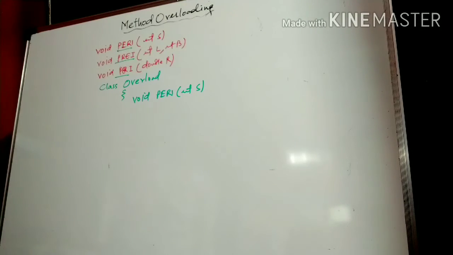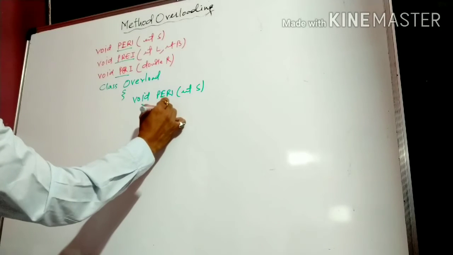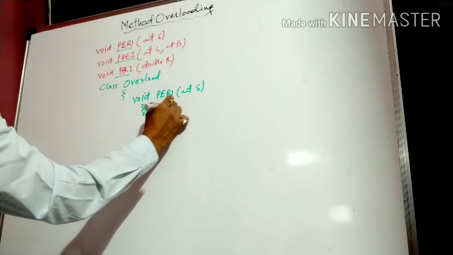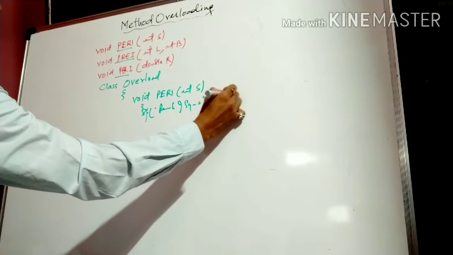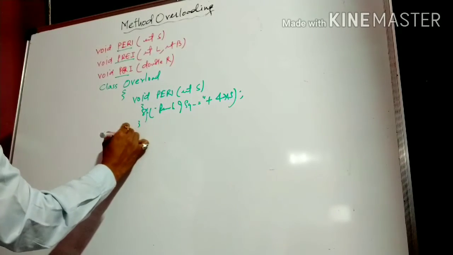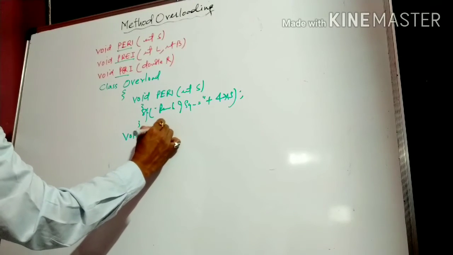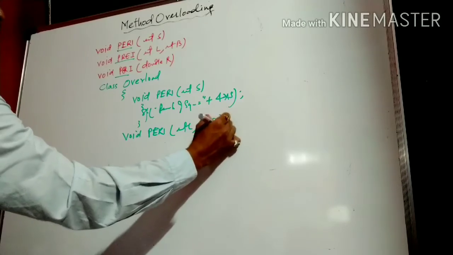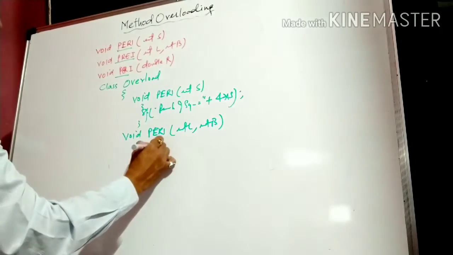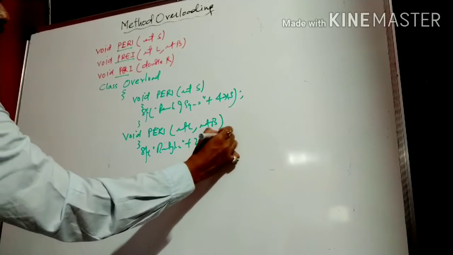What is the perimeter of a square? So you can write perimeter of the square is equal to 4 into s. That part is over. Then void PERI, perimeter of rectangle is equal to 2 into L plus B.